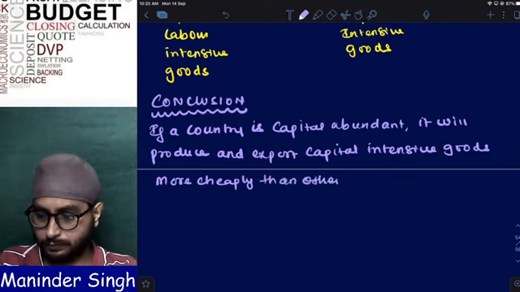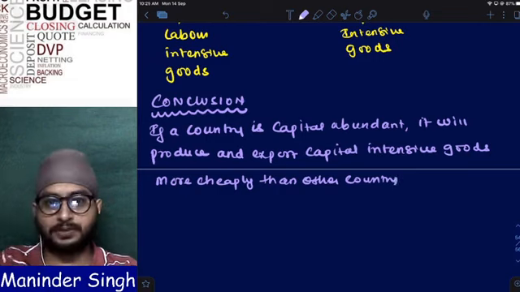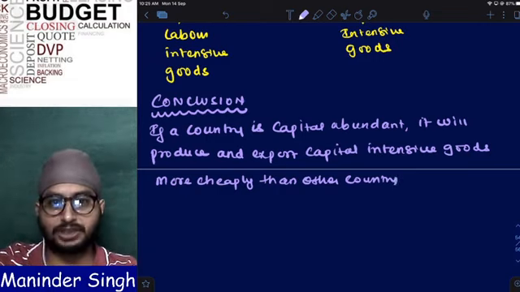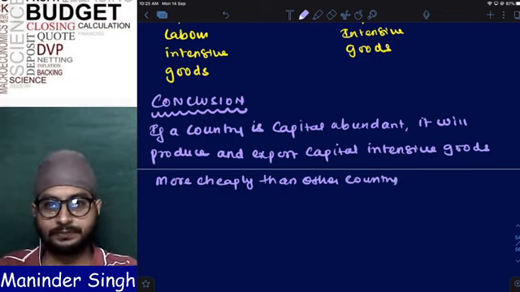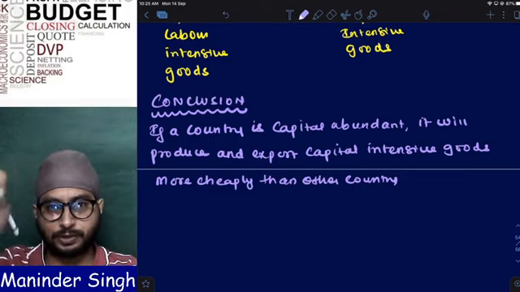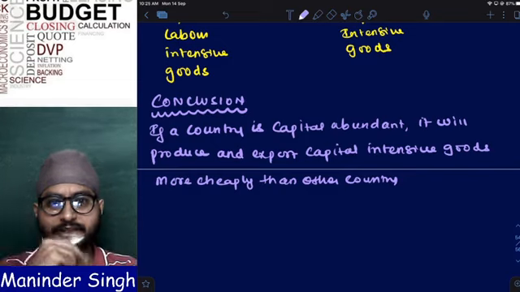Correct or not? Can the US produce capital intensive goods at a much cheaper price than what can be produced in India? Yes.